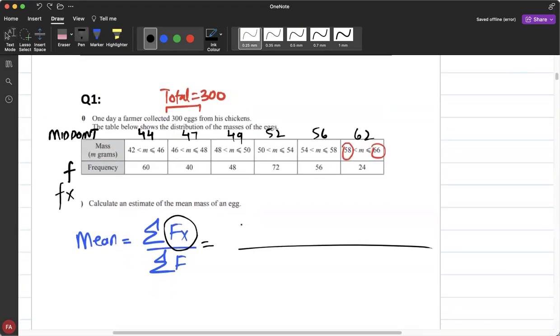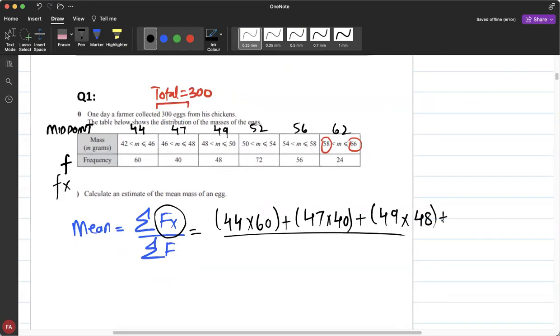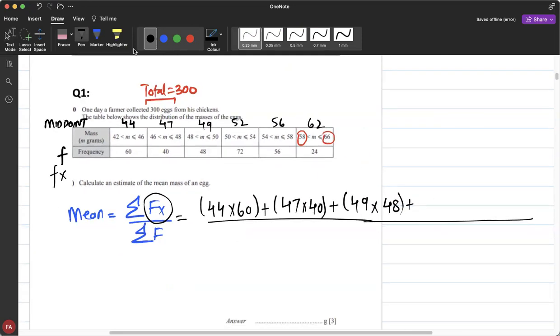So in this case, I know that the first step has to be 44, that's my midpoint, times frequency, plus 47 times 40, plus 49 times 48, plus, in case you're confused, I'm multiplying these numbers with these corresponding values.